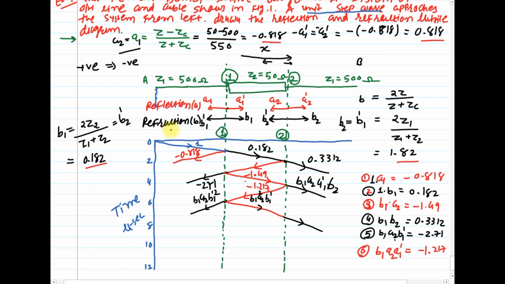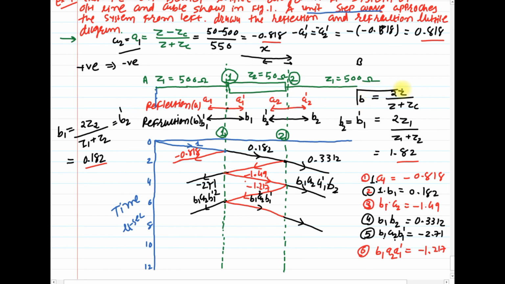Same way we have to calculate the refraction coefficient, and for the calculation of the refraction coefficient we have to calculate the refraction based on which the traveling wave is traveled, on the transmission line or on the cable, and based on that we have to select the surge impedance in our numerator. Clear?